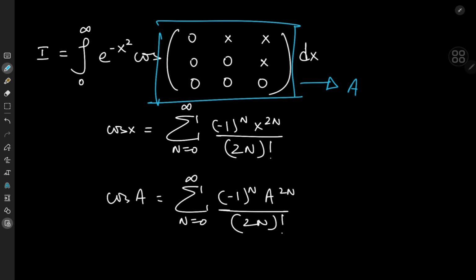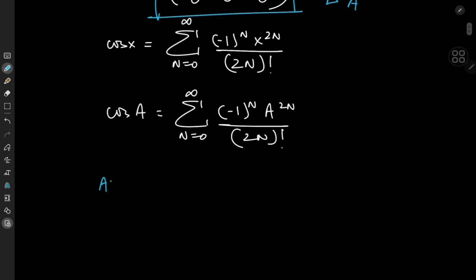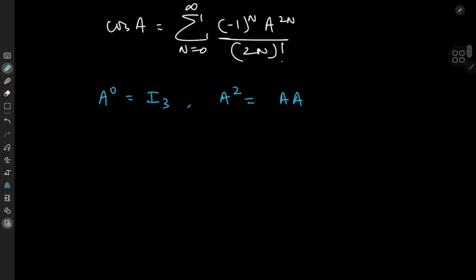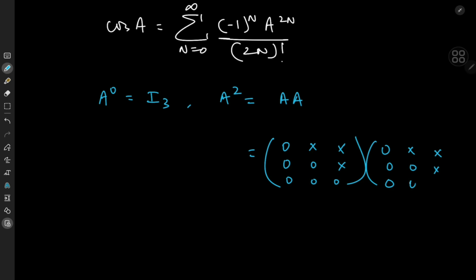So what does it mean to evaluate A to the 0? Well, that's defined as the identity matrix, and in this case the identity matrix of order 3. And what about A squared? Well, A squared just means A times A. So multiplying A with itself, this gives me 0 x x, 0 0 x, 0 0 0 times 0 x x, 0 0 x, 0 0 0.